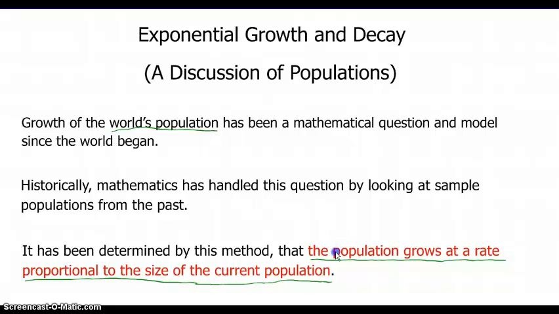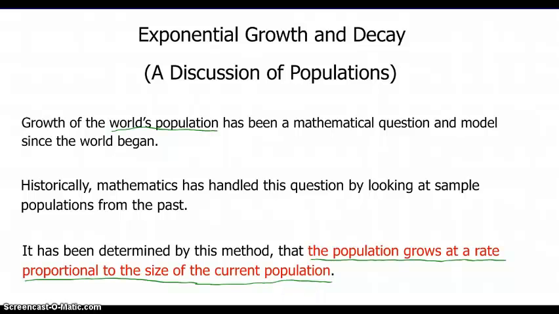This is always true. So when we have any population that's growing at a rate proportional to the size of the current population, we're talking about exponential growth. Or if the population is in decline, we're talking about exponential decay.